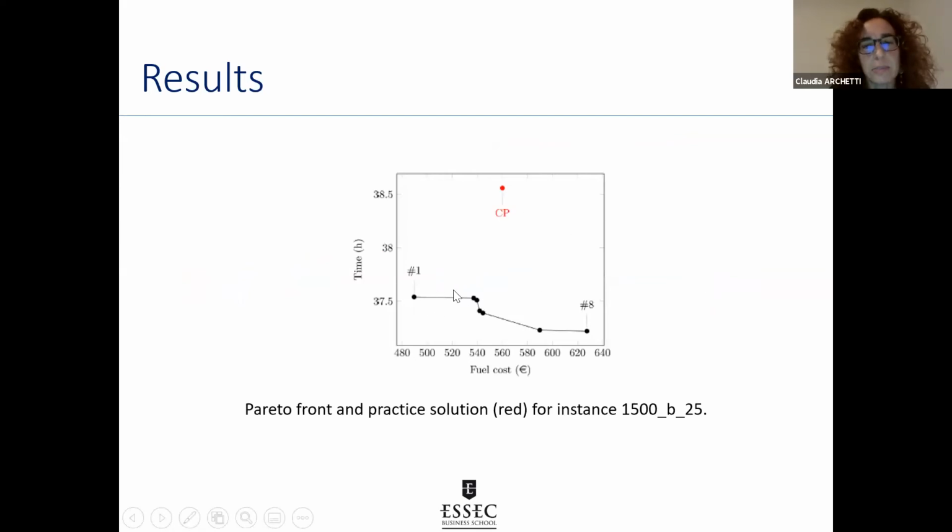This is the slide representing the Pareto frontier for the 8 paths found by our algorithm for the instance with fuel level equal to 25%. And this is the path from the common practice, which is dominated by these 5 paths from our algorithm, but it is not dominated by the remaining 2.